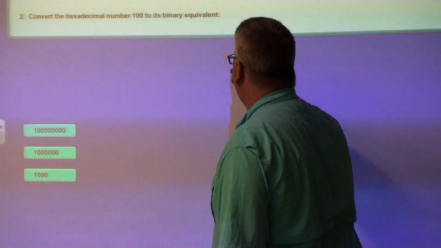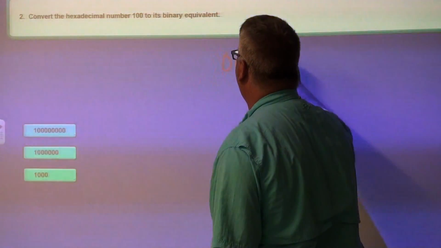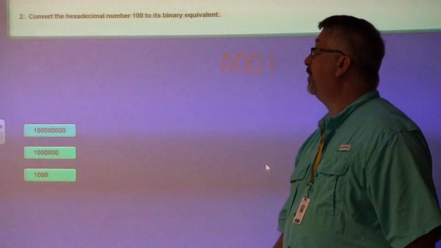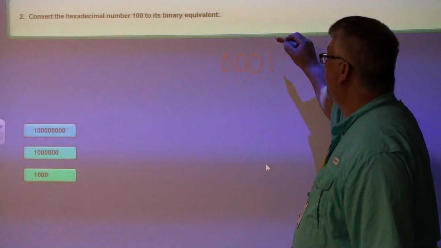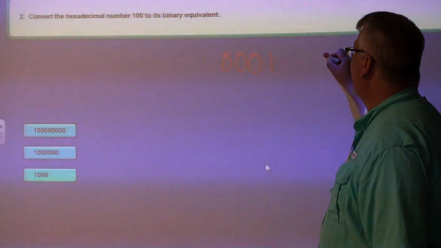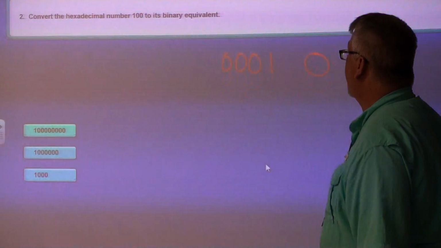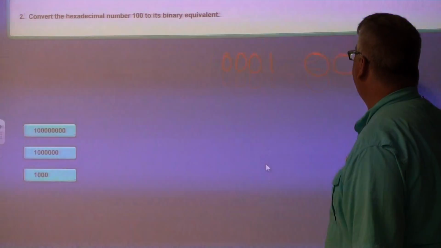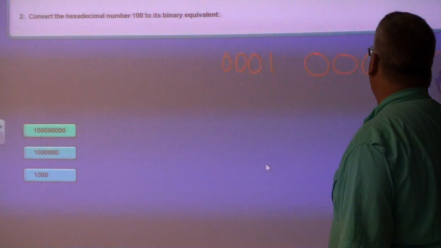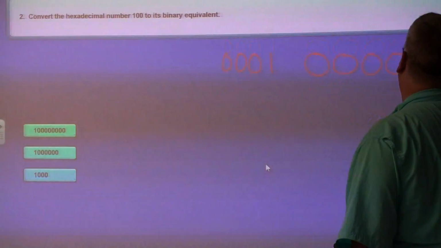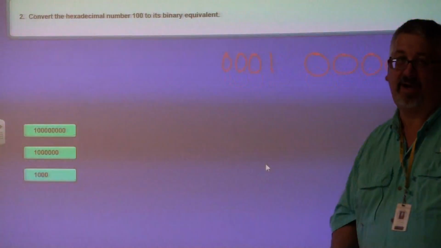Technically 0, 0, 0, 1. That's my first grouping. And then I've got to have my next grouping of 4, because it's hexadecimal. Then I have my next grouping, 0, 0, 0, 0. Then my next grouping.